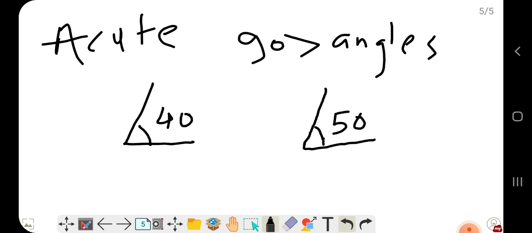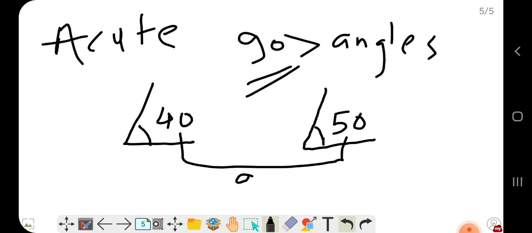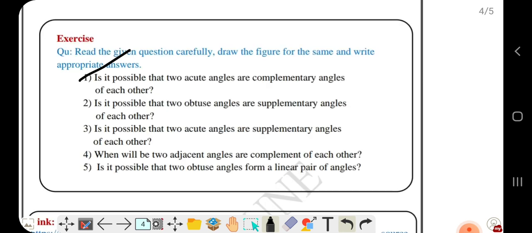So if they are acute, less than 90, and the addition of these two angles is 90, then we can say the two acute angles are complementary. So the answer is yes, it may be possible.